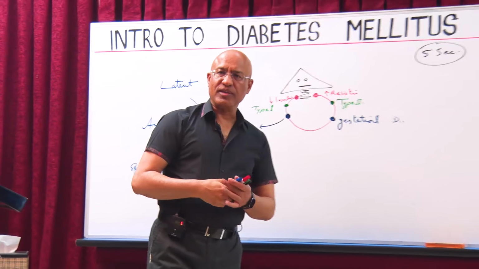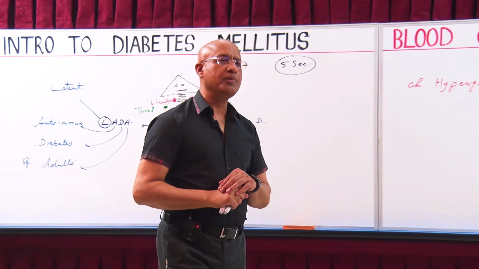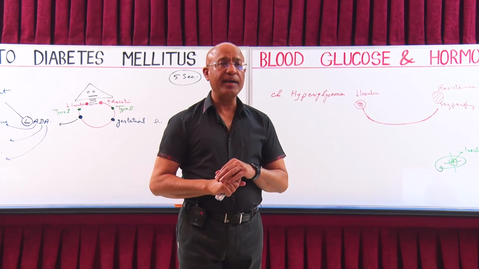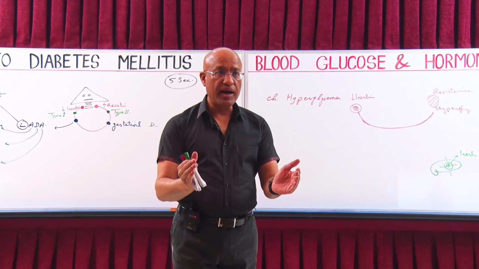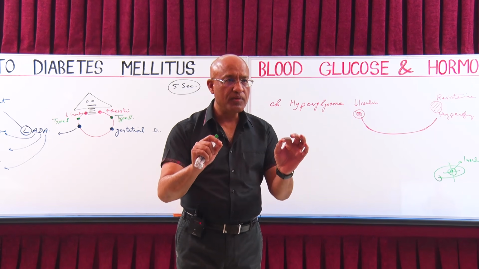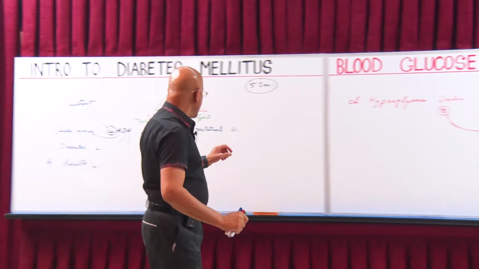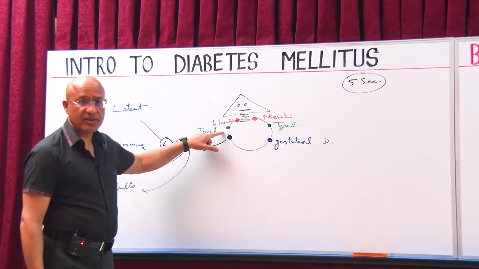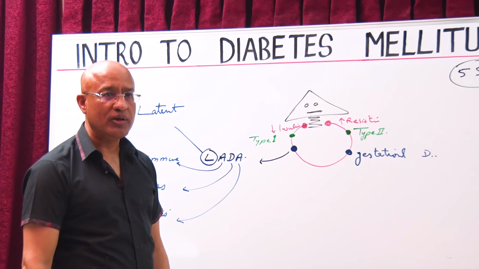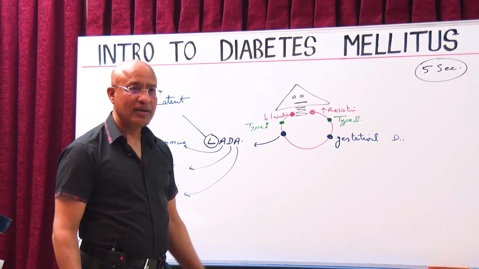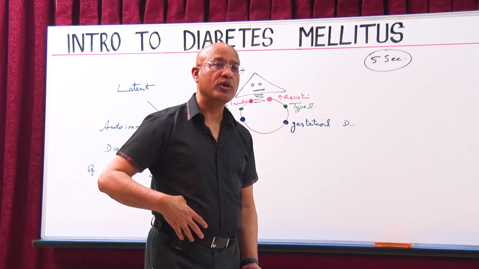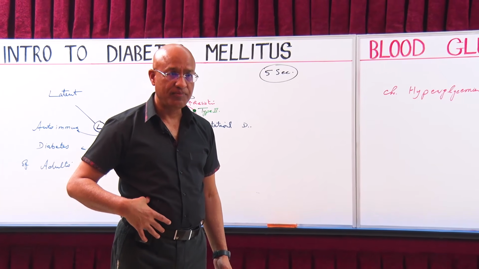Okay, let me tell you now an interesting thing. If I talk about all the patients in the world who are suffering with diabetes mellitus, and those patients have a real problem in underlying production of insulin, most of them will be youngsters, type 1 diabetes. But if you find a man who is 40-year-old or 50-year-old, and an autoimmune process destroys his beta cells, which is less often, right?